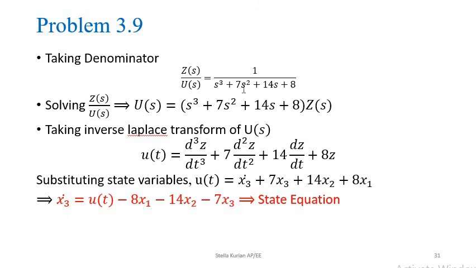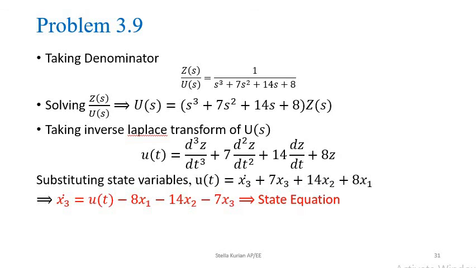Now if you are cross multiplying, you will be obtaining it as u of s is equal to s cube plus 7s square plus 14s plus 8 into z of s. If you are taking inverse Laplace transform, then you will be obtaining it as u of t will be equal to d cube z by dt cube plus 7 d square z by dt square plus 14 dz by dt plus 8z.